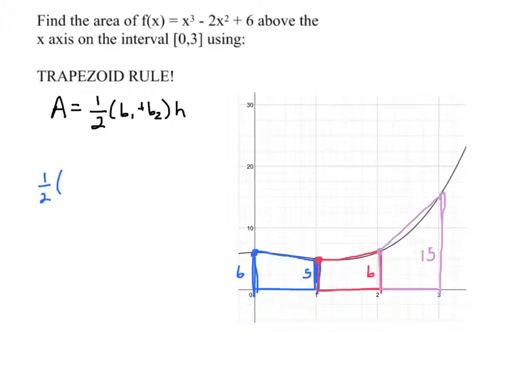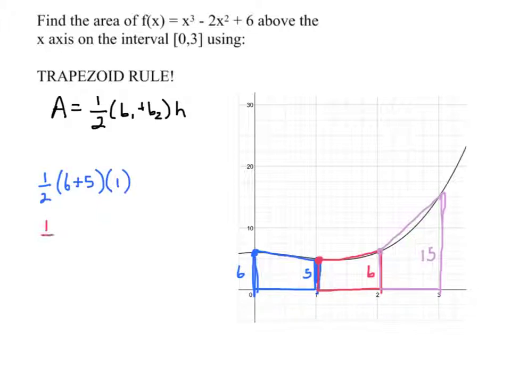base 1. Well, remember the bases are the parallel sides. We always think of bases as being the bottom. They're not. The bases are, in this case, the vertical parts. So base 1 is 6, base 2 is 5, and the height is how far apart the bases are. So it's this distance, which of course is just 1. So that's the first trapezoid.